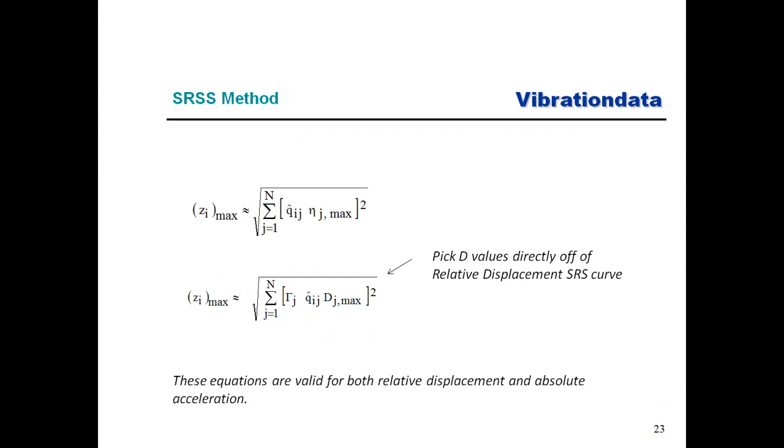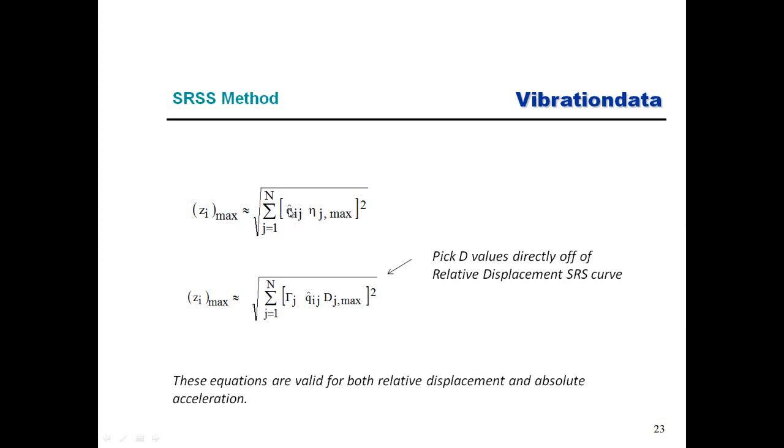Now here we have the square root of the sum of the squares method. The relative displacement at degree of freedom I is approximately equal to this summation here. We again have our eigenvector coefficient for degree of freedom I at mode J, and then our peak modal displacement.